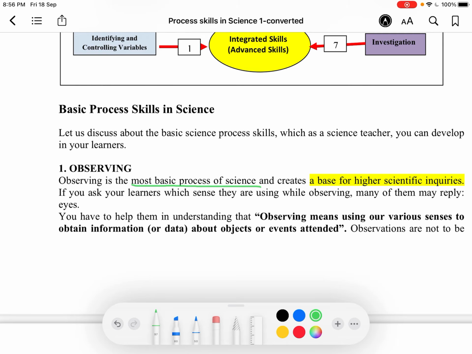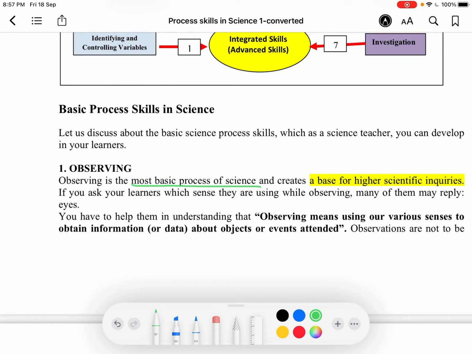We cannot say that observation is seeing only. Observation is purposeful viewing. Intentionally we see certain things, and that may be a kind of observation. Here observing means using our various senses, not only the eyes, to obtain information.